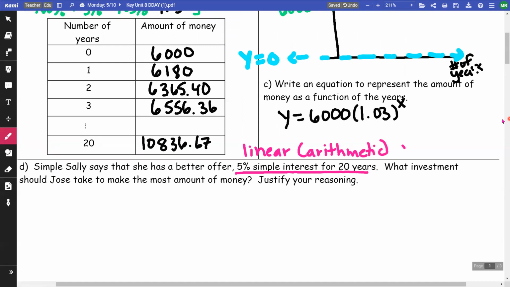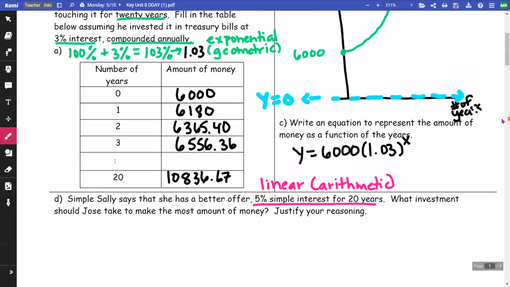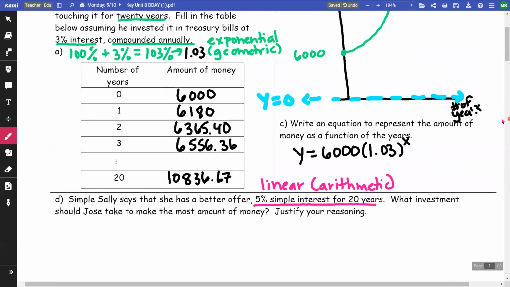Unlike this compound interest one that is an exponential equation, this is not going to be an exponential. We're going to be earning 5% of our original amount. So I am going to take 6,000 times 5%, which is 0.05. We're not doing this as a multiplier.